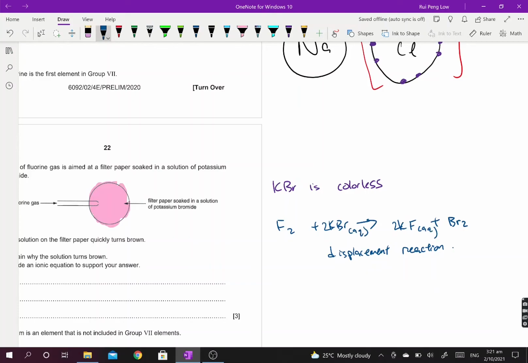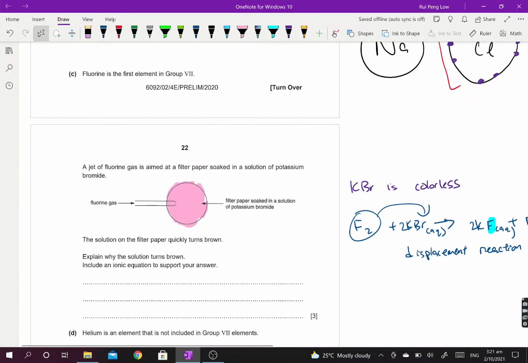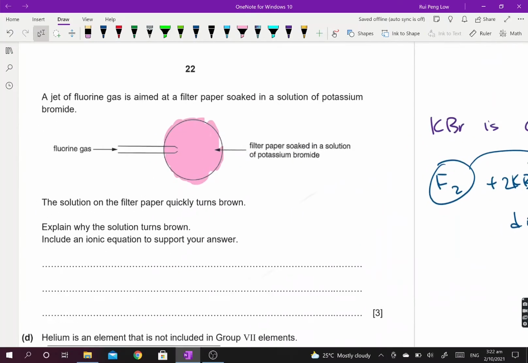And how that occurs is because fluorine, the halogen, is more reactive than the bromide halide. That's why it can replace the position, and that's why you can see the fluorine now takes the place of bromine. This is called a displacement reaction, where the more reactive halogen can displace the less reactive halide.